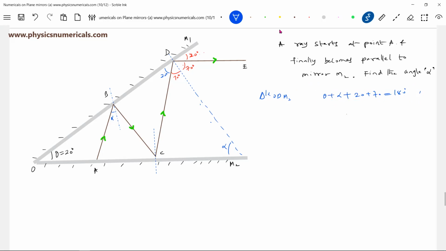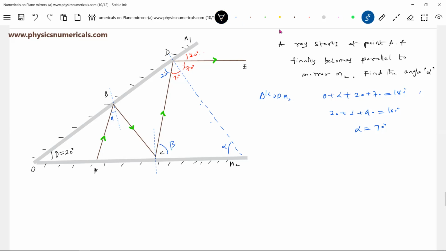So therefore, what is finally alpha? Alpha will be 70 degrees. Substituting all this, solving, alpha will be 70 degrees. After getting alpha, now we know alpha is 70 degrees. Then this angle we will take, so this is theta, this is beta.